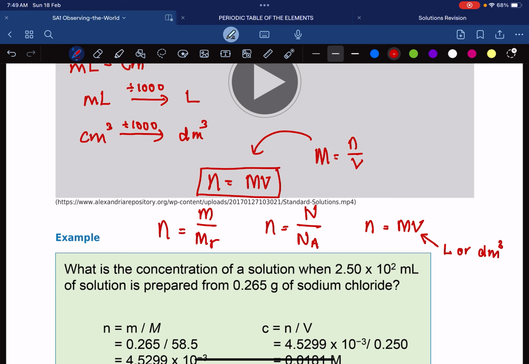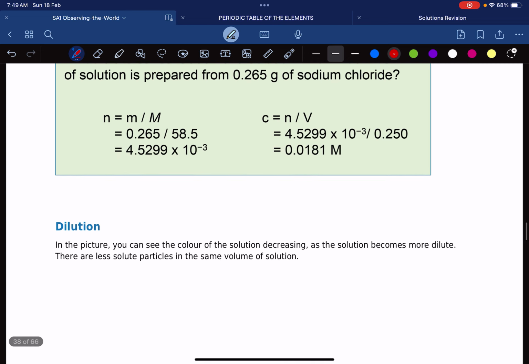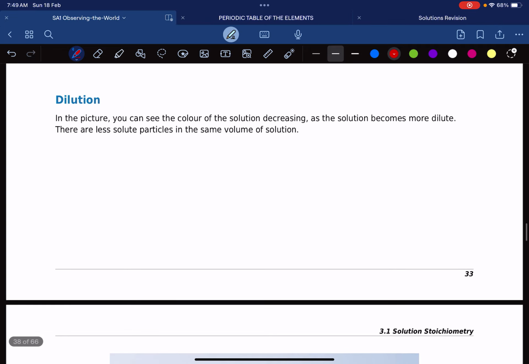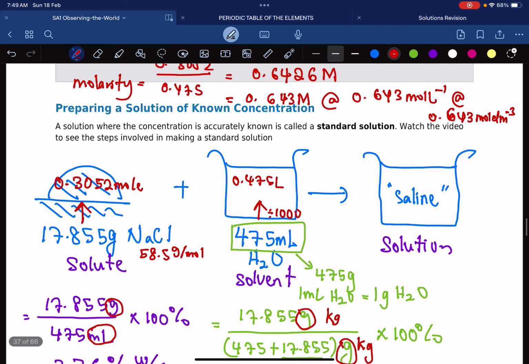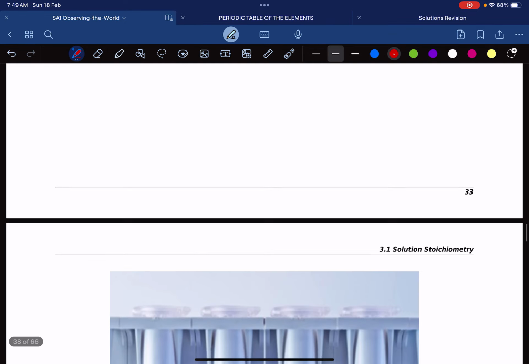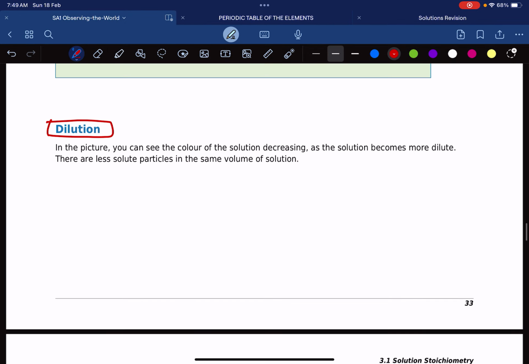All right, that brings us to the next part, which talks about dilution. Let's say there is a solution we just prepared, which was 0.643 molar.